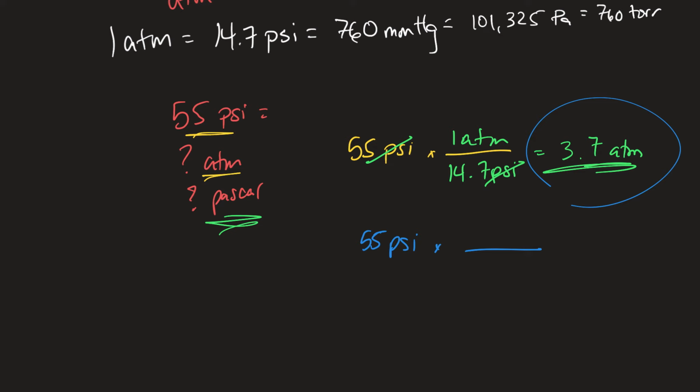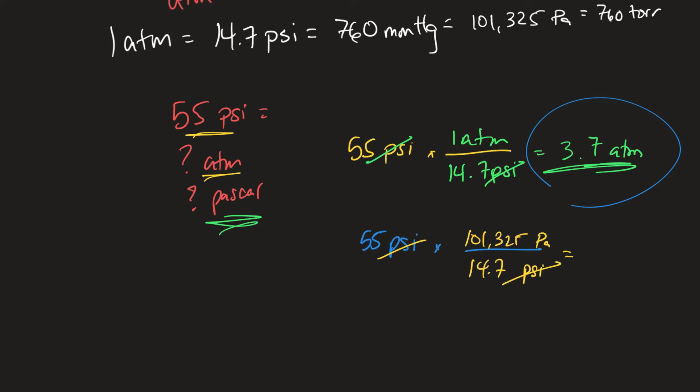So I'm going to write 14.7 psi on the bottom, and on the top 101,325 pascals. I can cross out the psi, and in my calculator I write 55 times 101,325 divided by 14.7.